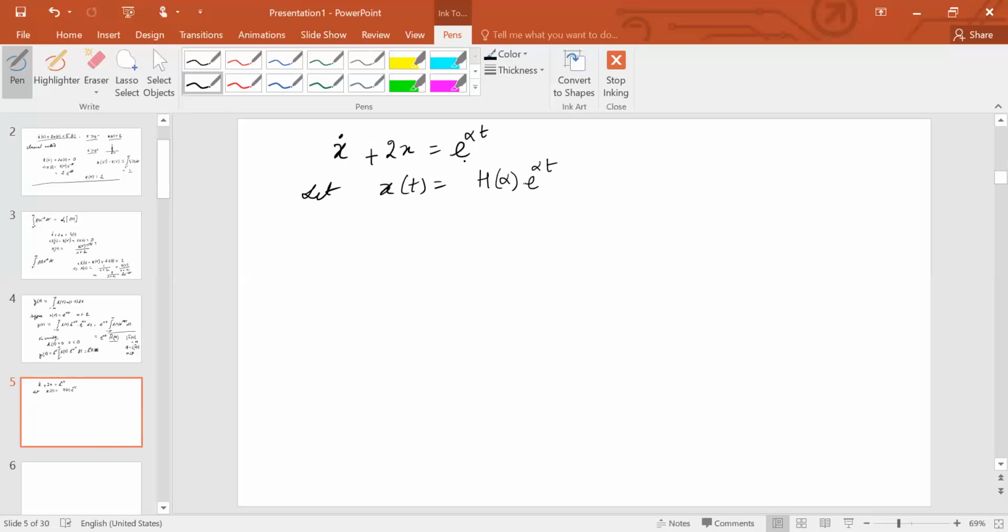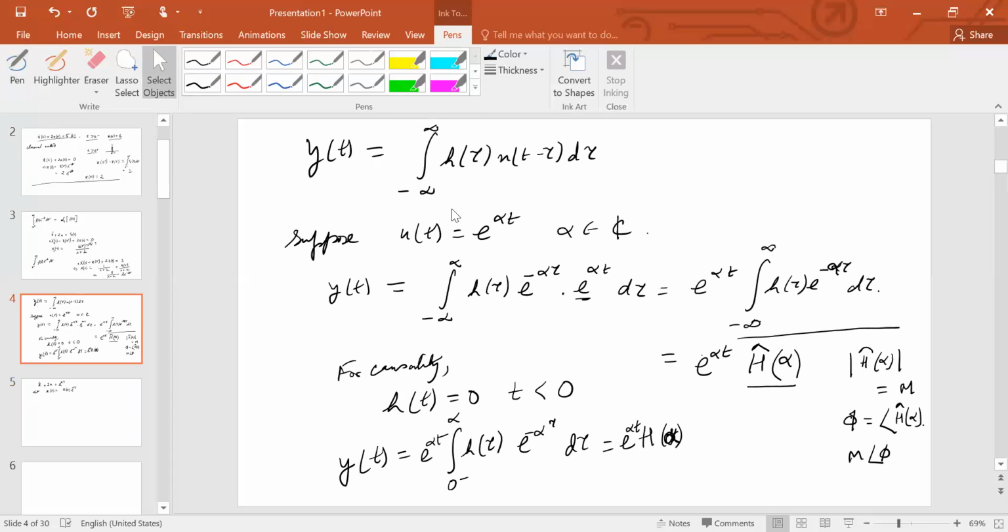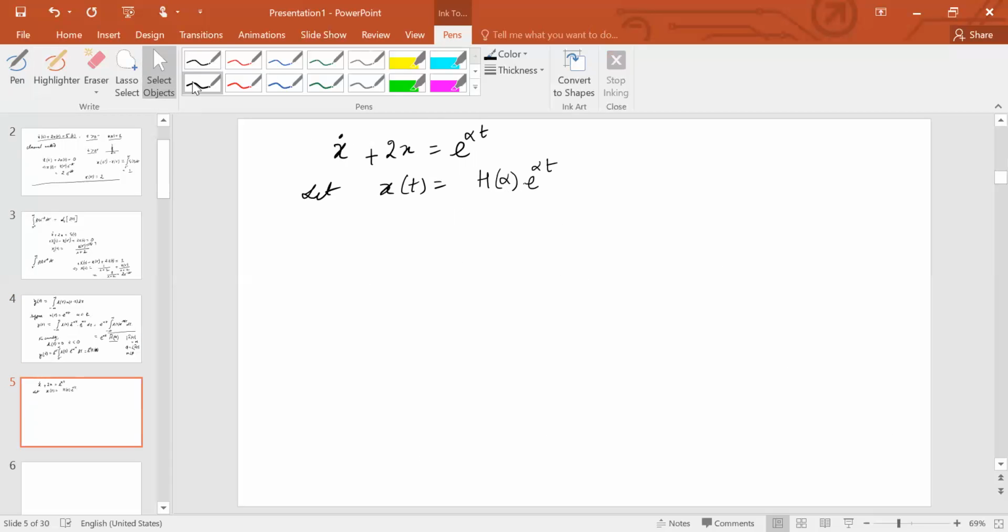You know this is the applied input, so you can guess from the previous result that this is going to be the form of the output. Now you plug this in. What is x dot? It is nothing but alpha h(alpha) e to the power alpha t. So alpha h(alpha) e to the power alpha t plus 2 h(alpha) e to the power alpha t is equal to e to the power alpha t.